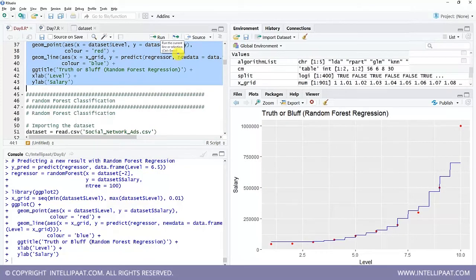Oh, as against 10, you see the number of steps have increased. This is the previous graph.